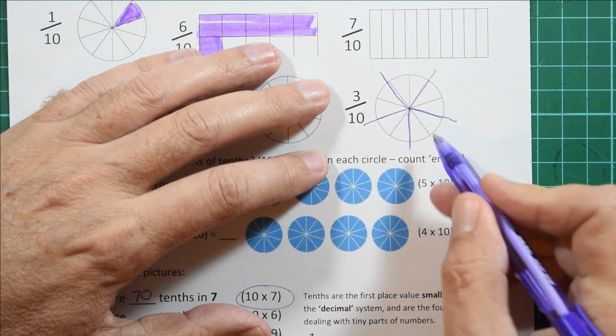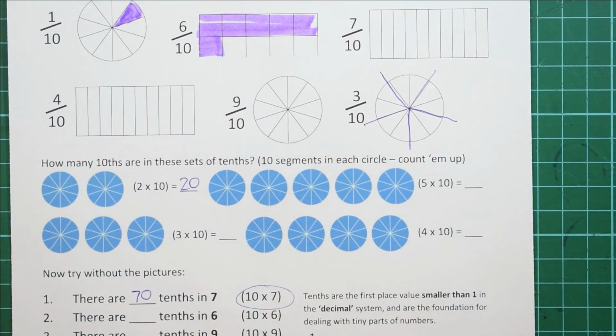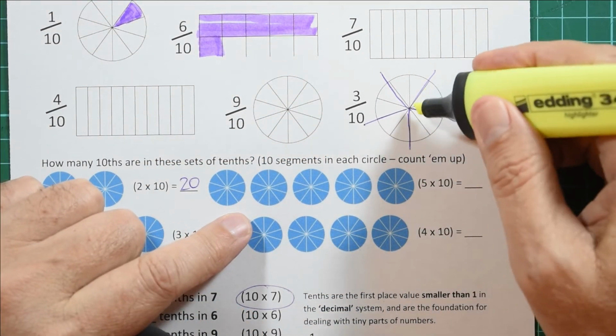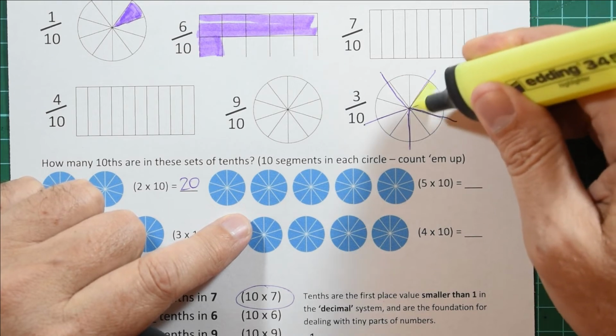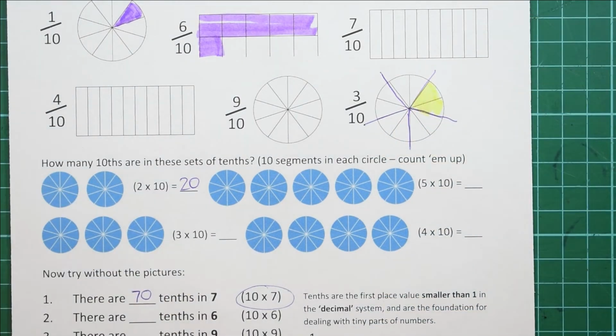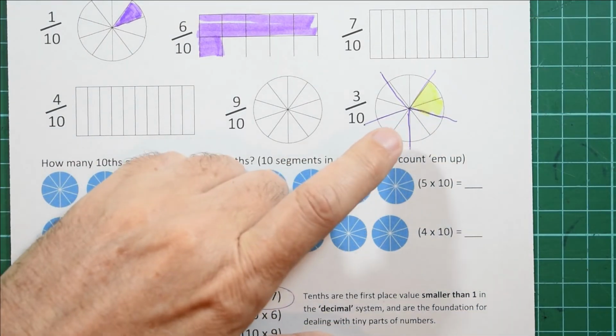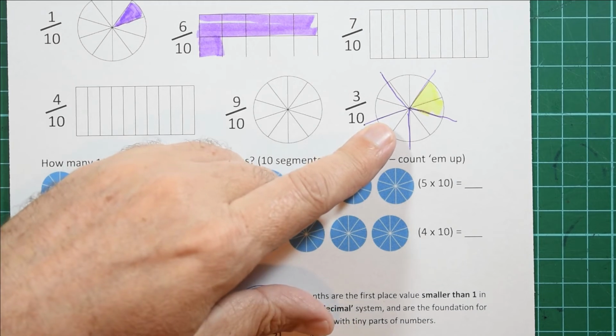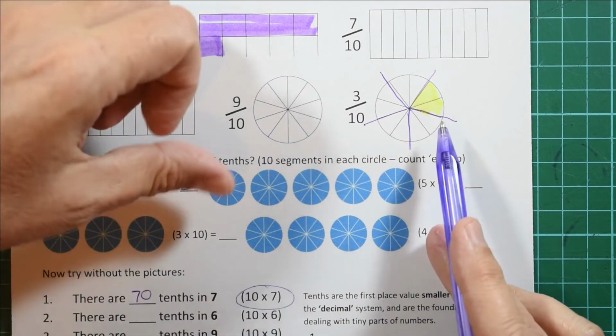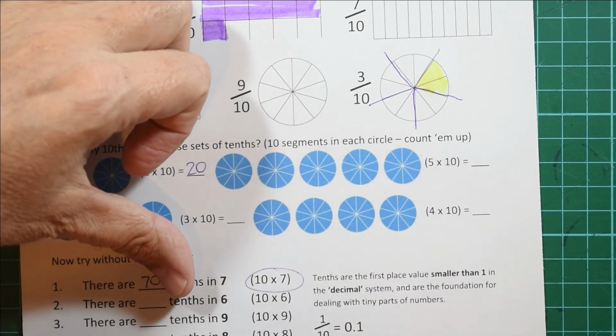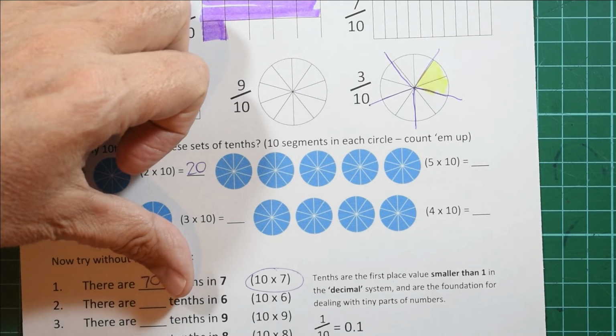So you can imagine those are a bit there. If I coloured in one of those fifths, you can instantly see that there are 2 tenths in 1/5. So the answer is there are 2 tenths in 1/5.